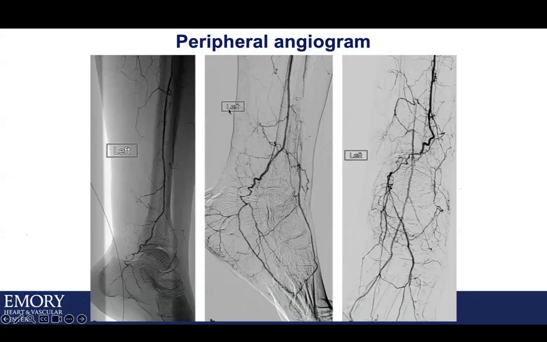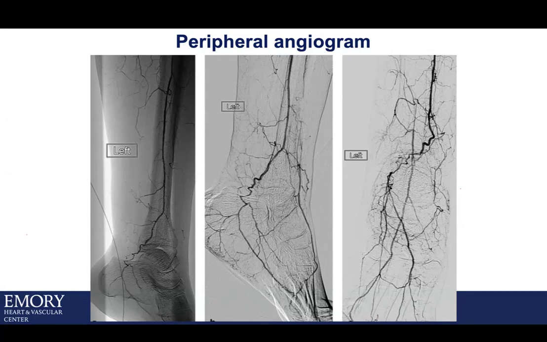Peripheral angiogram is the gold standard. With the presence of CTA, duplex, and MRI nowadays, we use angiogram less frequently for diagnosis, but it's still widely available. The complication rate is very low when you just do a diagnostic angiogram.